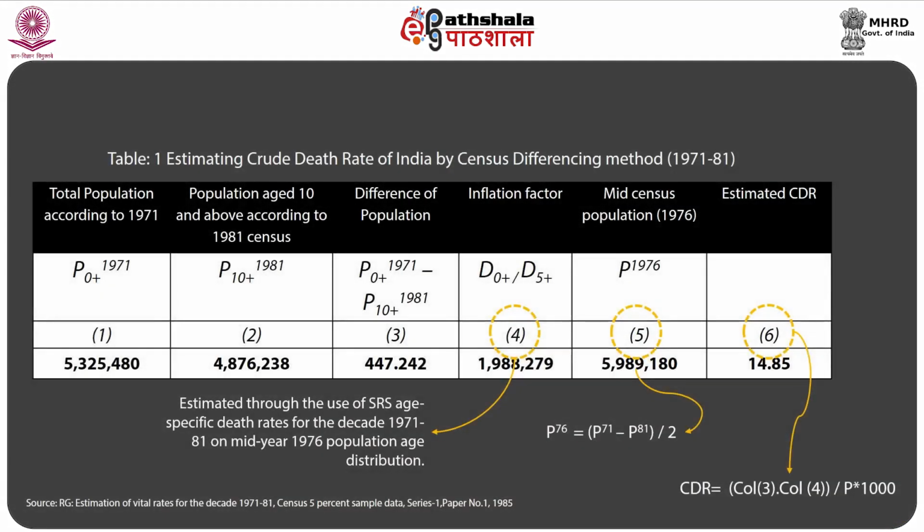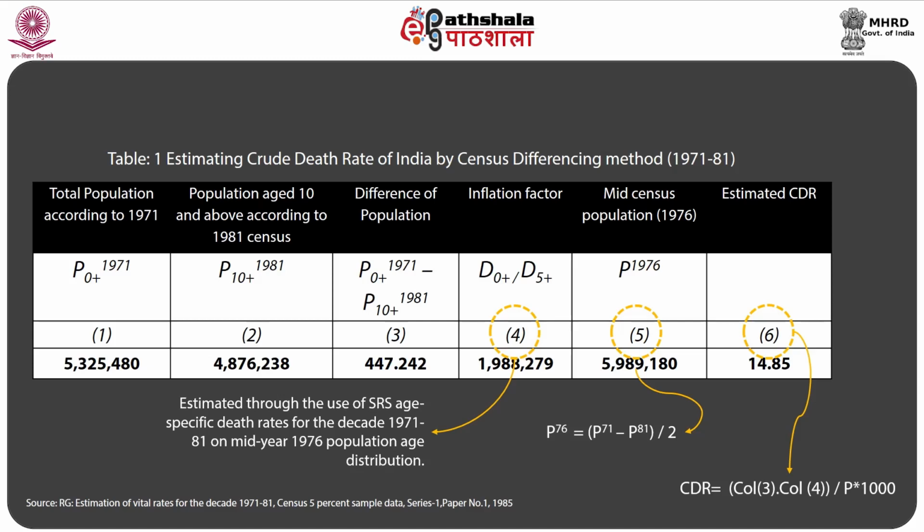Table number 1: estimating the crude death rate of India by the census differencing method, 1971-81. Columns 1, 2, 3, 4, 5 and 6 give the input for calculating the estimated crude death rate of 14.85. This has been derived from the SRS. In column 4, estimated through the use of SRS age-specific death rates for the decade 1971-81 on the mid-year 1976 age distribution.